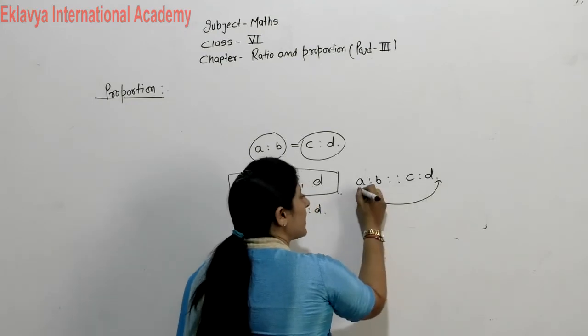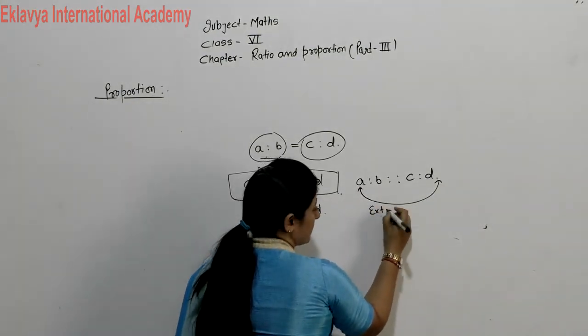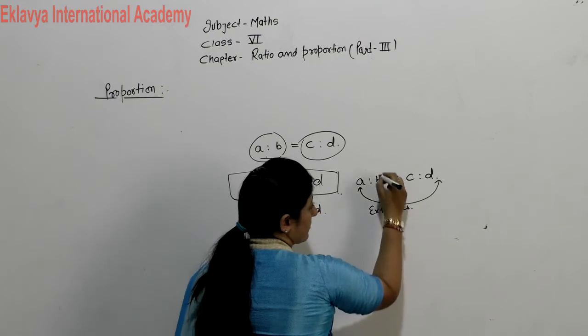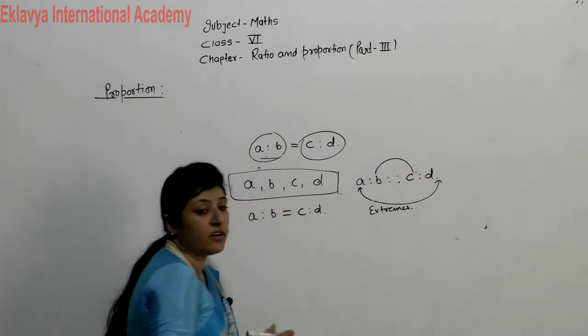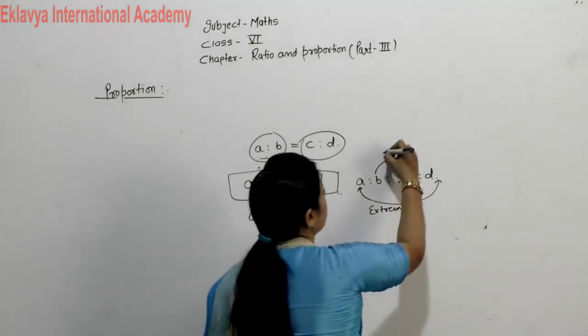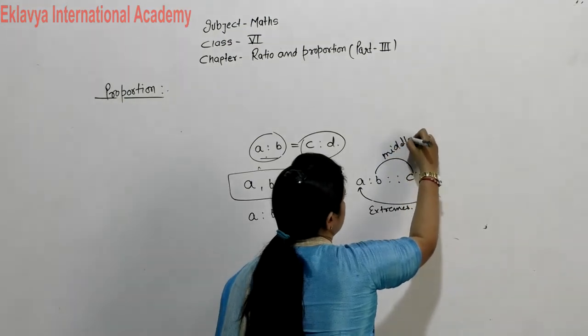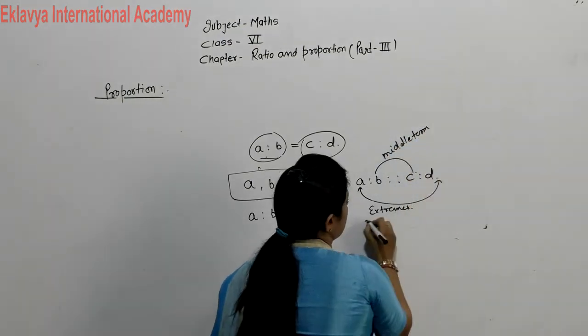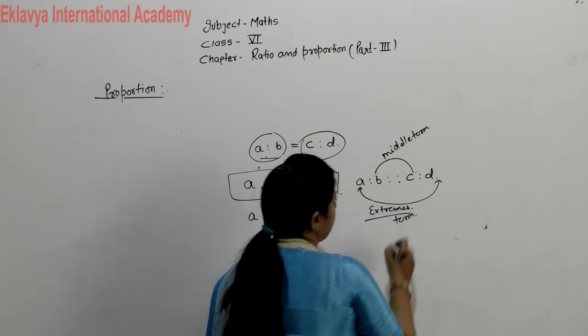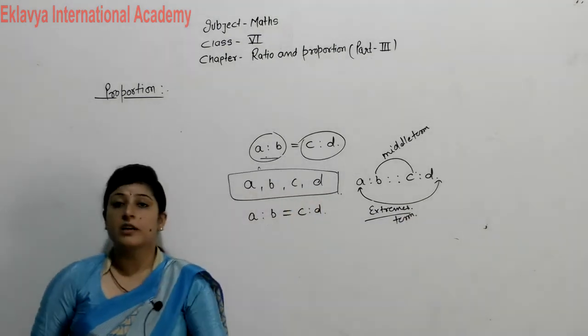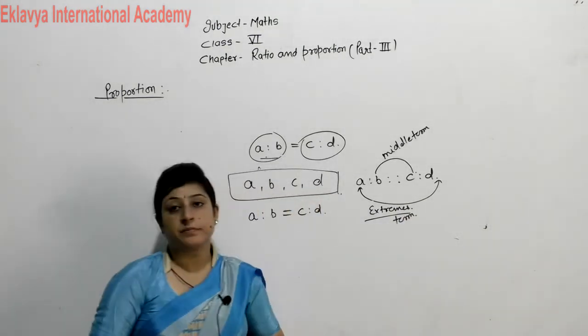These are called the extremes and the product of mean or middle terms. These are extreme terms, A and D. B and C are called middle terms.